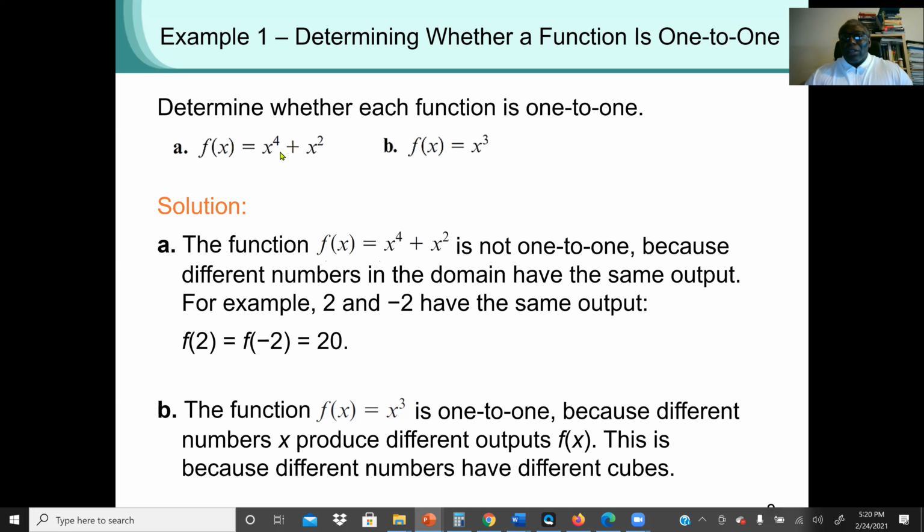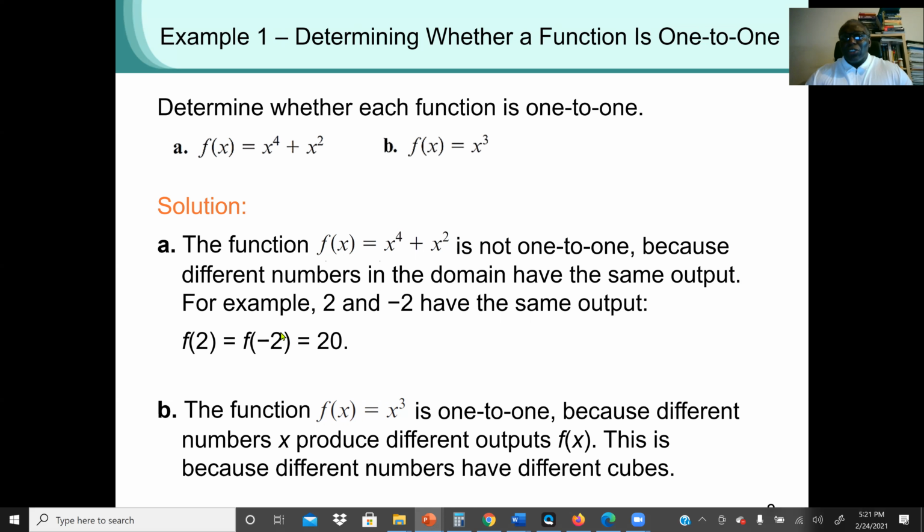For f of x, I will look: the exponent is 4, which is an even number, which means if I use 2 and -2, I'll get the same answer, because 2 squared will give me 4. -2 squared also will give me 4. But here, we only get one value.